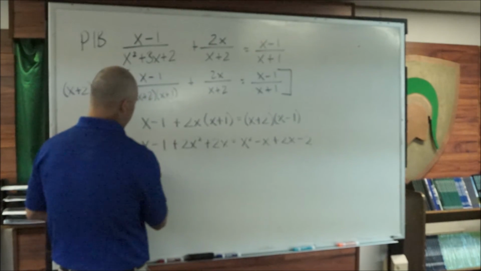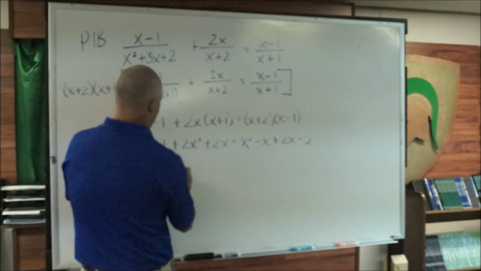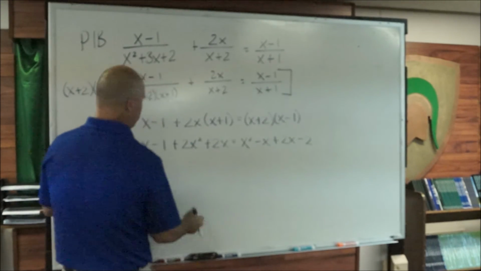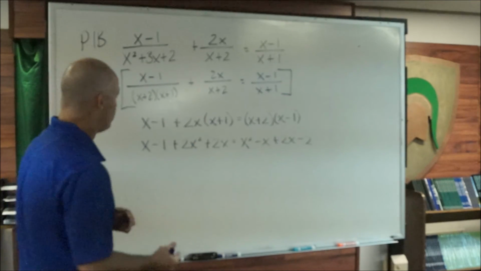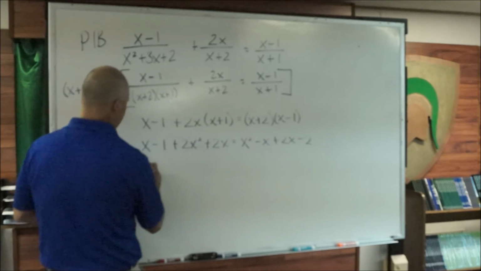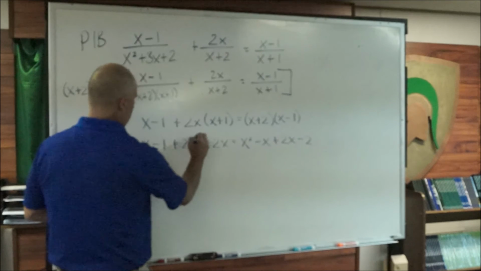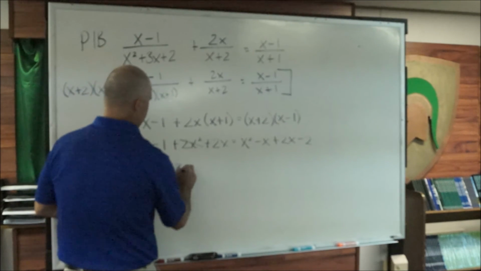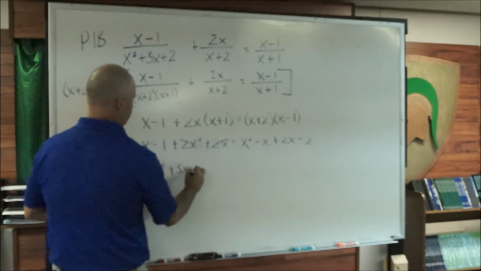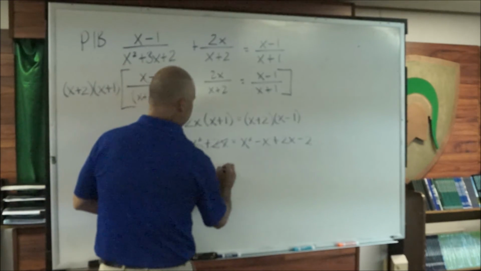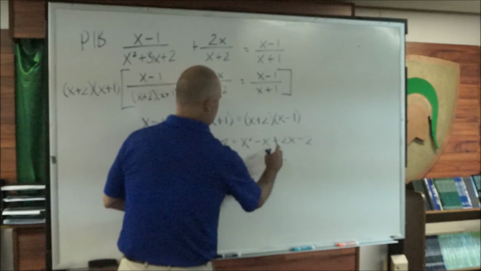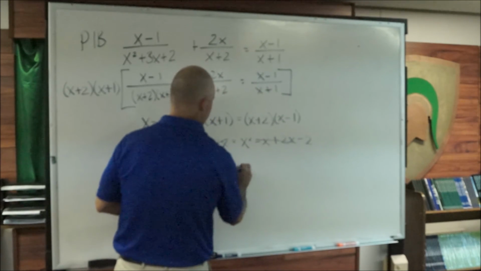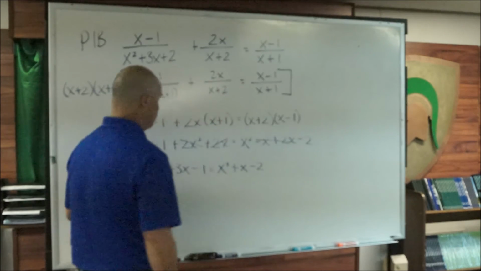We're going to go standard form and combine like terms. So 2x squared, cross that out, 2x plus x is 3x, minus this 1 equals x squared, and then we've got a negative x plus a 2x, so that's going to be positive x minus 2.